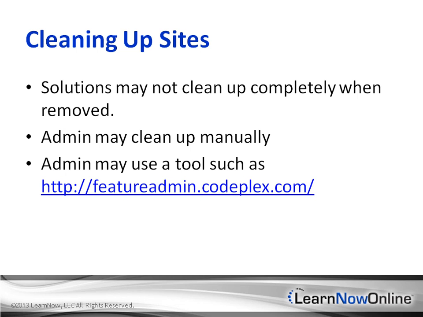A nice piece is that there are some tools. featureadmin.codeplex.com is a great little open source tool that you can use to look at your farm. It can actually tell you what's there. This is also an excellent tool if you have solutions that have been damaged or may have a problem. They may have been force removed without a disable, which actually can be done.